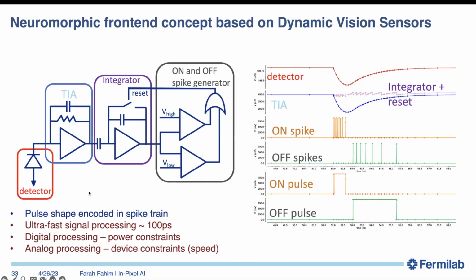The big difference for us compared to what is out there in the industry, and where these are typically used, is that the time scales where these dynamic vision sensors have been designed is more in the millisecond regime. In our case, we are in a few nanoseconds, and we are trying to do ultra fast signal processing.